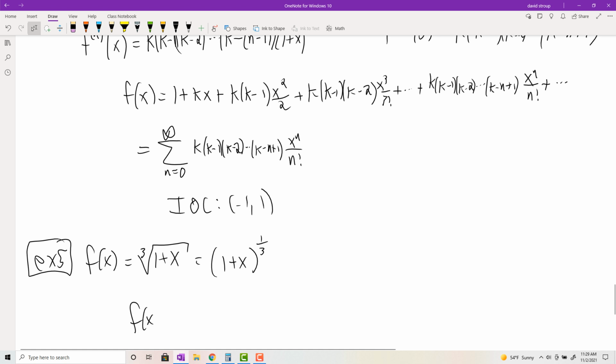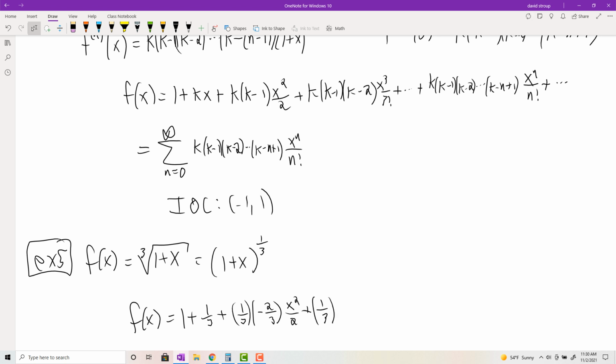So here f(x) would be 1 + (1/3)x + (1/3)(1/3 - 3/3)x^2/2 + (1/3)(-2/3)(1/3 - 6/3 = -5/3)x^3/3! plus on and on and on.